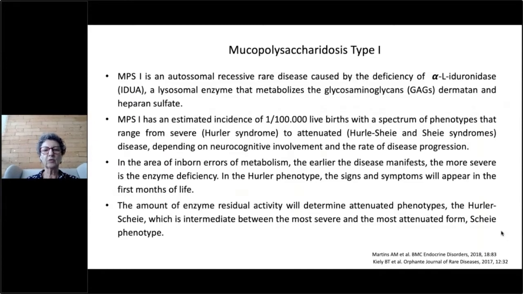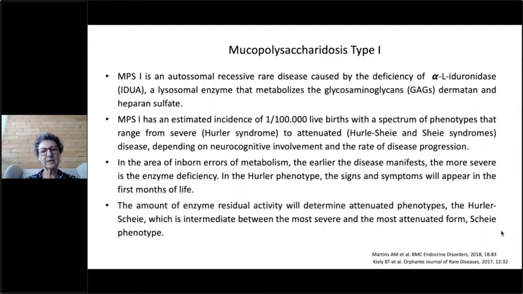MPS I is an autosomal recessive rare disease caused by deficiency of alpha-L-iduronidase, a lysosomal enzyme that metabolizes the glycosaminoglycans, GAGs, dermatan and heparan sulfate.